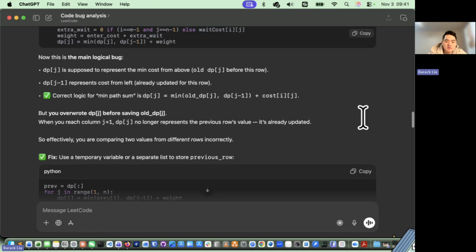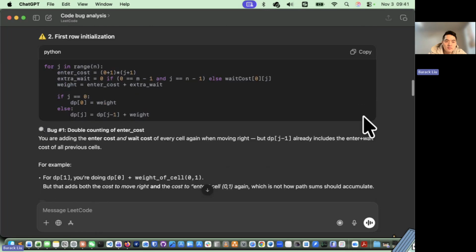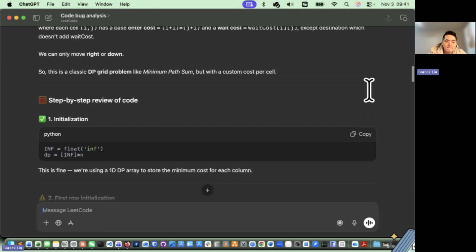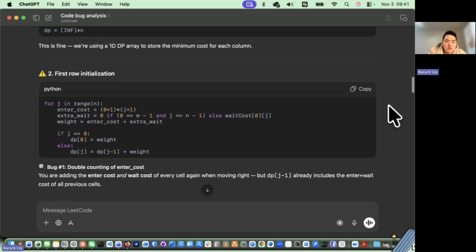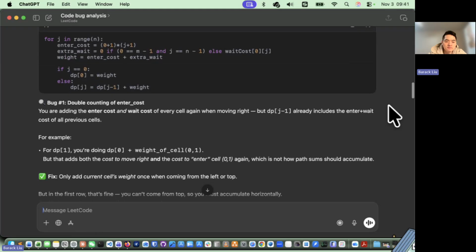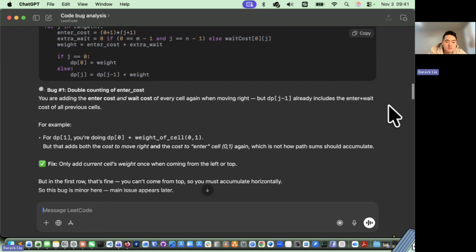We get multiple bugs. First, row initialization, bug 1. Fix. Okay.